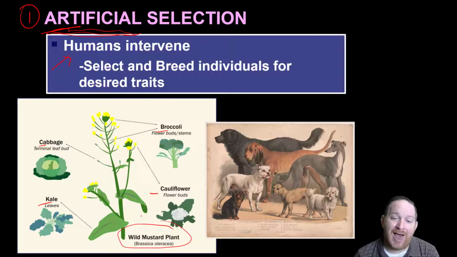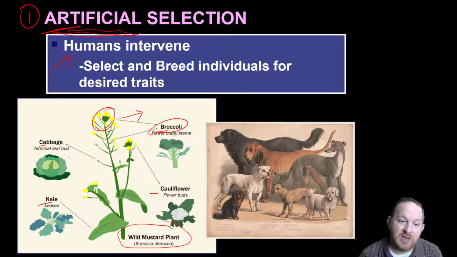Over time, when this particular plant would grow certain flower buds or stems that were pretty big, humans, farmers, would select those and mate those again. So over time, the flowers and buds would get bigger. That was broccoli.